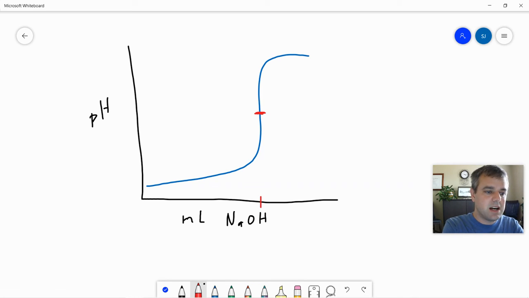This is about how much base it took to react with that acid, and this is the pH at the equivalence point. From the region of 10 to 90% of the way there, the pH did not change by more than 1.5 pH units. And that's generally true for every titration.